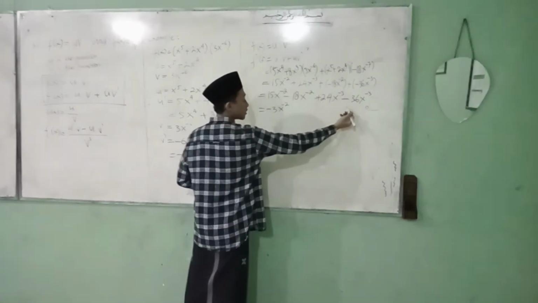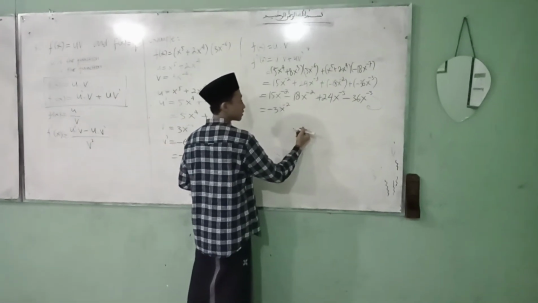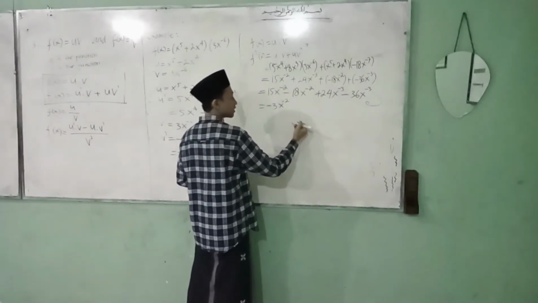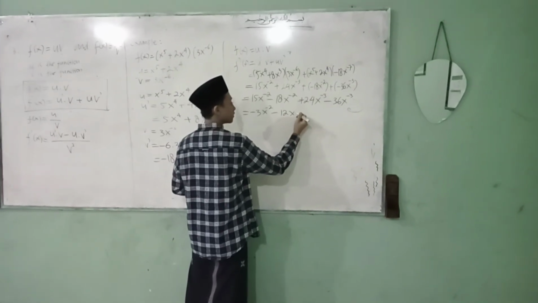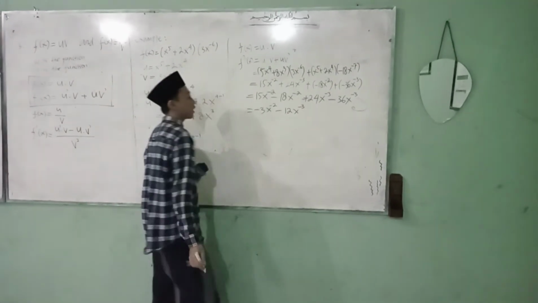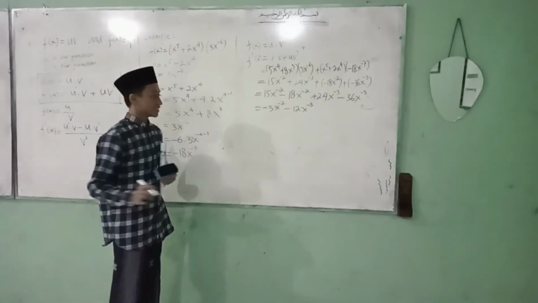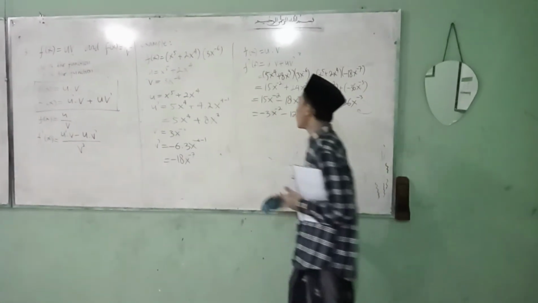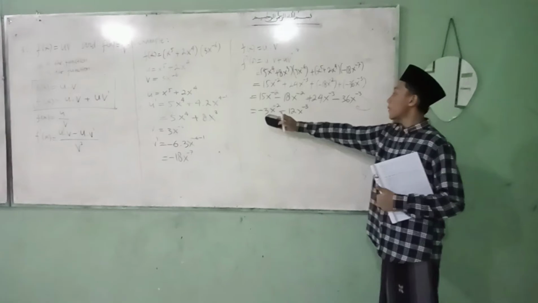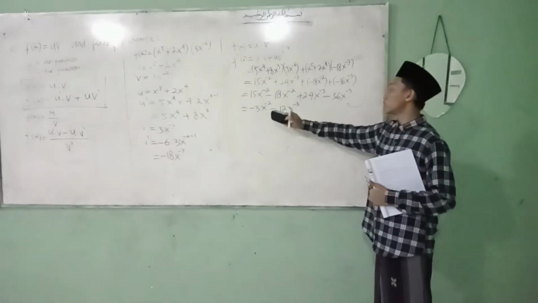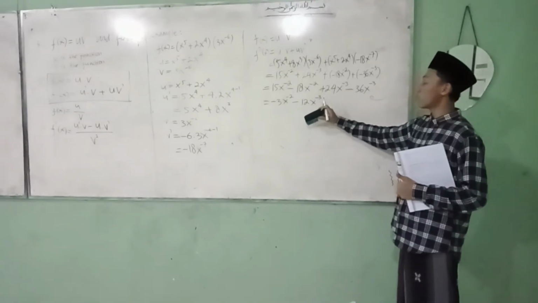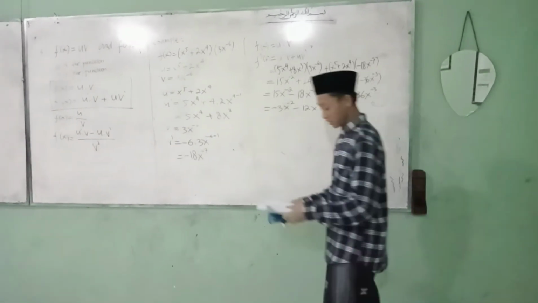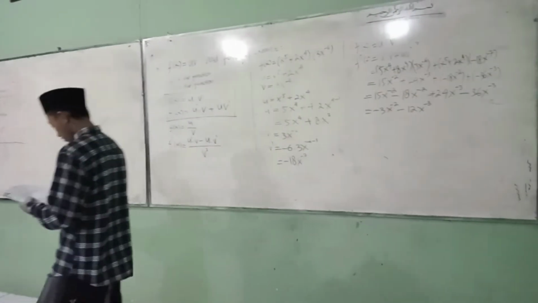And then 24 minus 36 is negative 12, x to the power of negative 3. So the answer is equal to negative 3x to the power of negative 2 minus 12x to the power of negative 3. Easy.